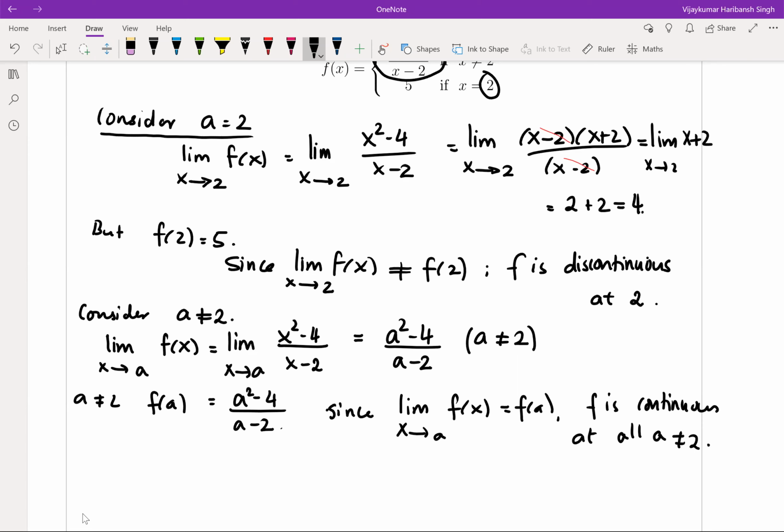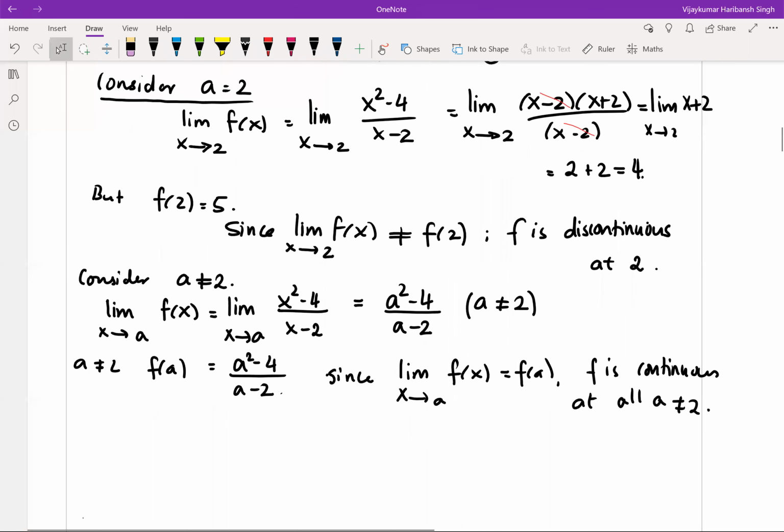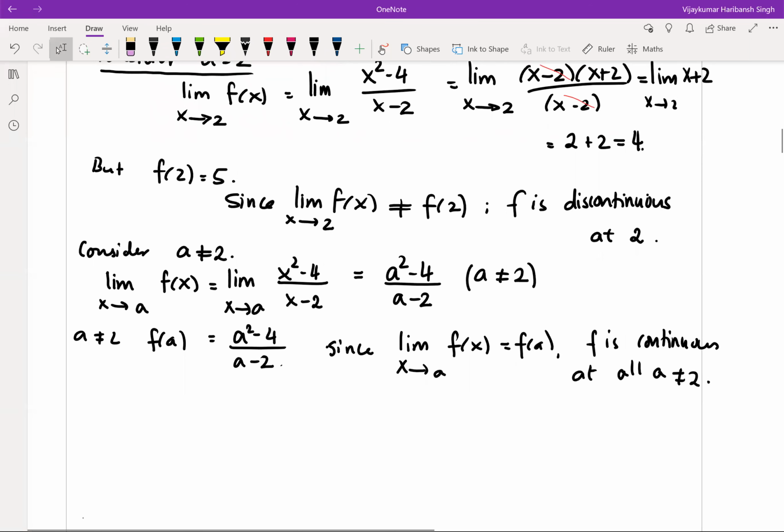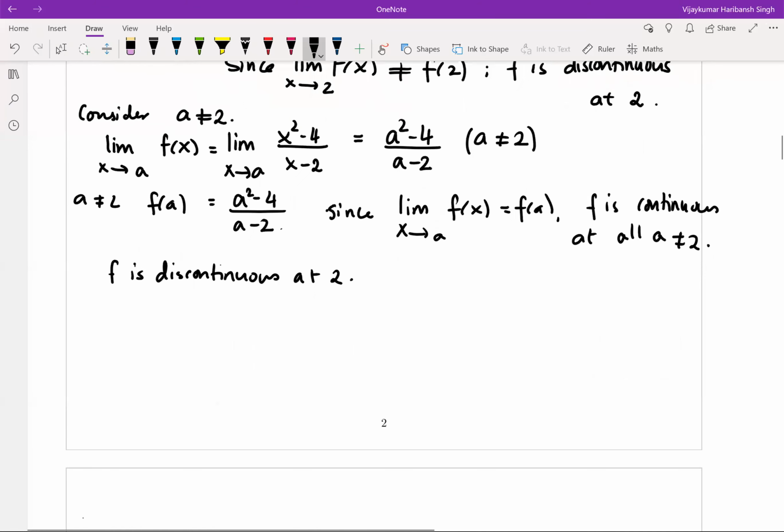So therefore, the only point of discontinuity is, where is f discontinuous? F is discontinuous at 2.